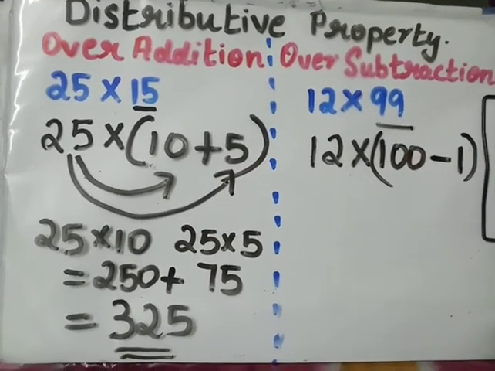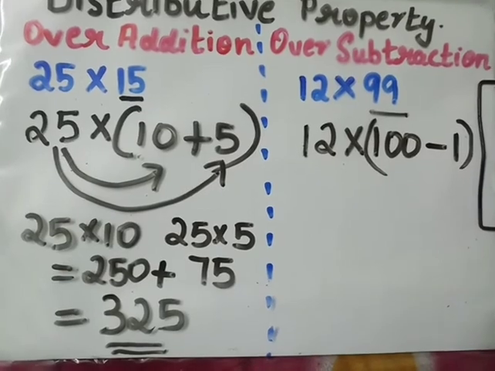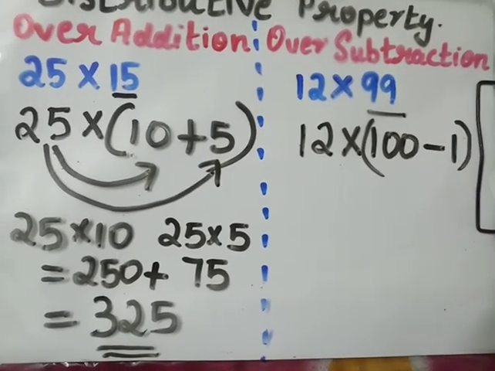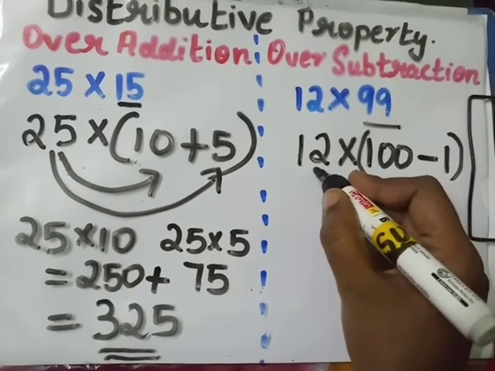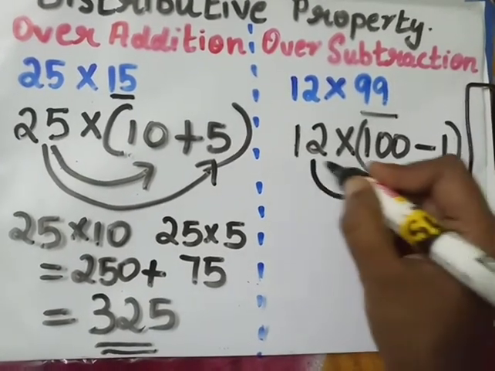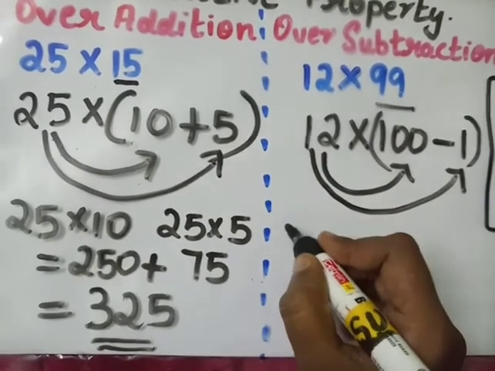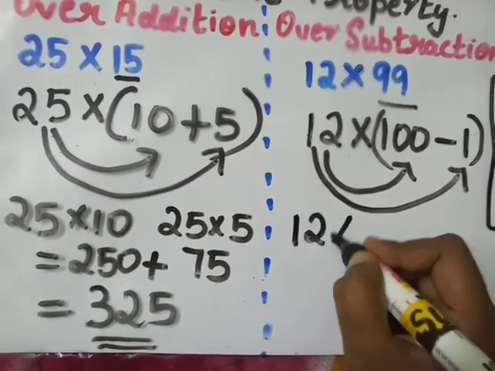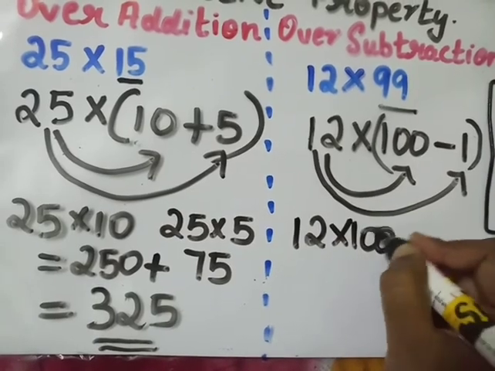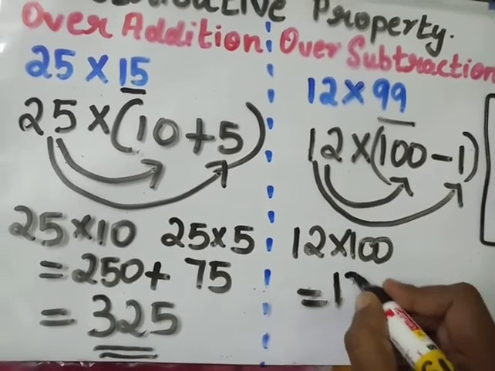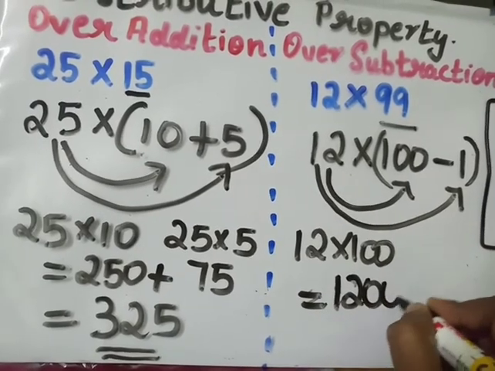So we split 99 as 100 minus 1 over subtraction method. Now again you need to distribute 12 equally to 100 as well as equally to 1. So what is 12 into 100? 12 into 100 you will get 1200.